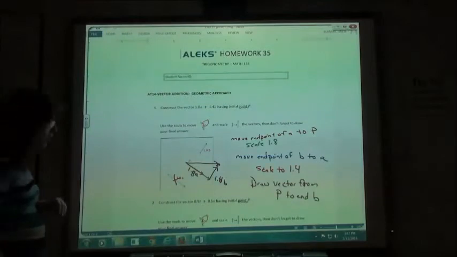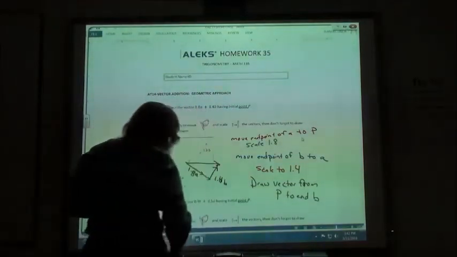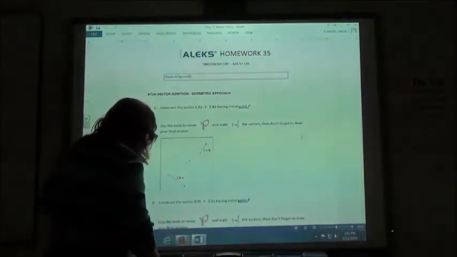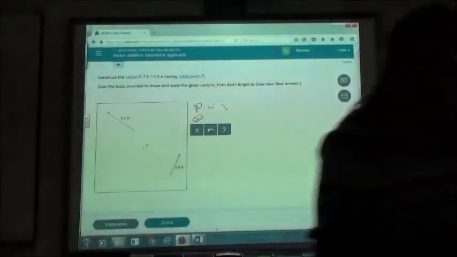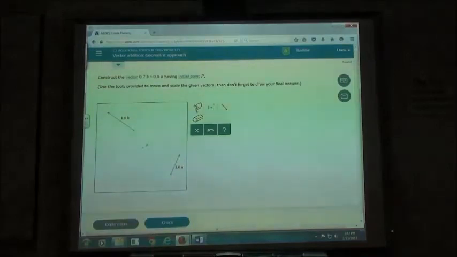So I'm going to show you one on Alex here. So I'm going to clear this out and go over here to Alex, and just using the one that they have here so you can see me using the tools. First thing I'm going to do is move vector B because it says 0.7b first.